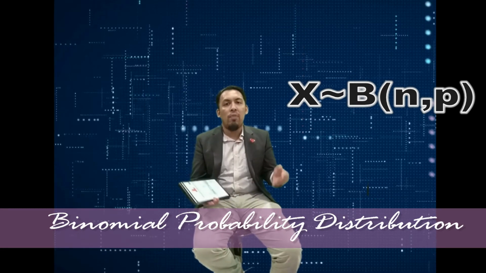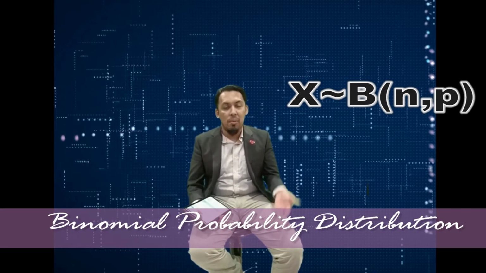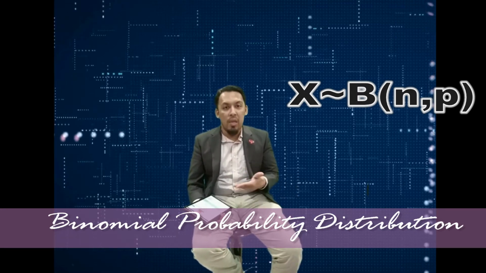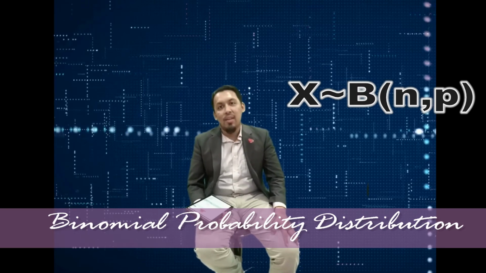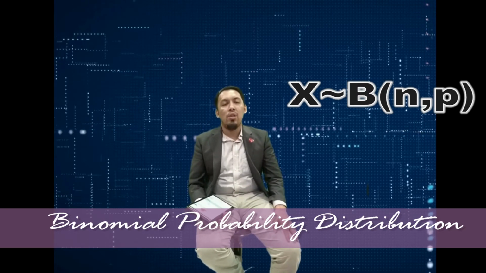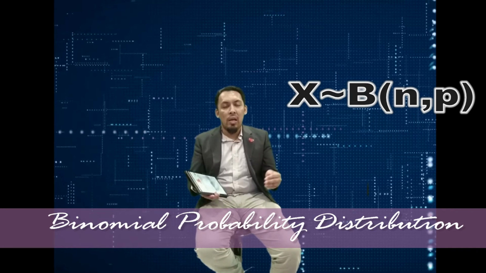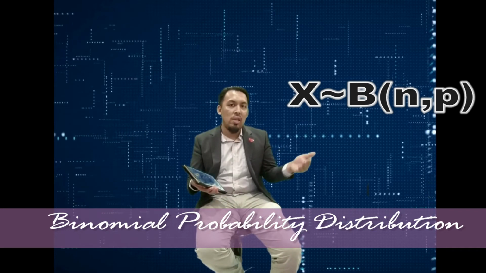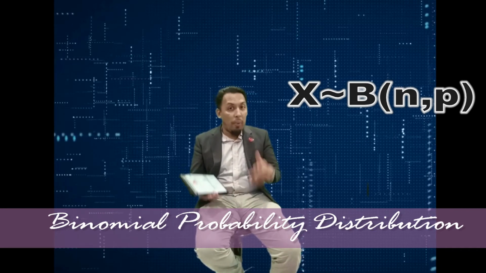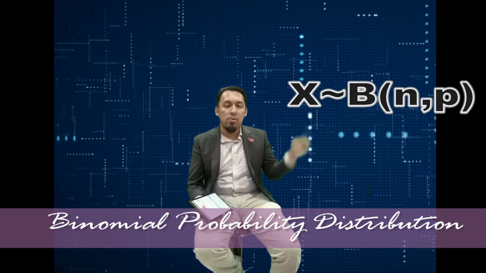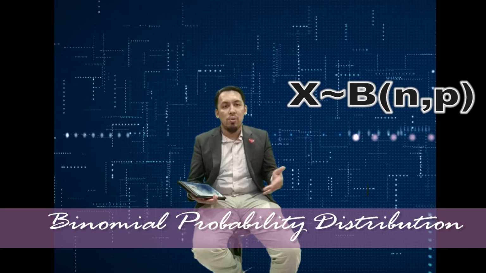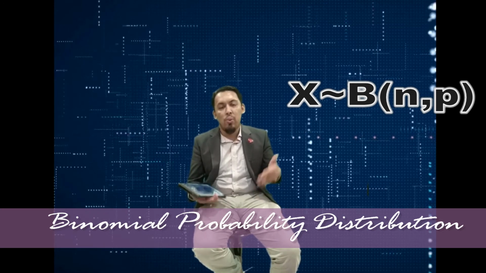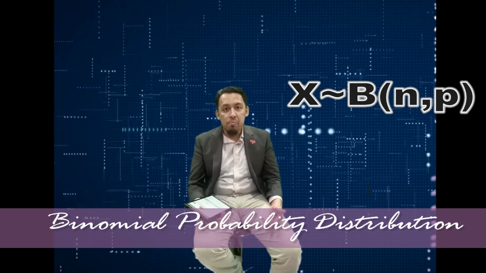In the bracket you have n, which is the sample size, and p, which is the probability of success. Please note that, you need to be clear. Later, not just for binomial, when you meet the Poisson or normal probability distributions, you are also going to have this way of writing.